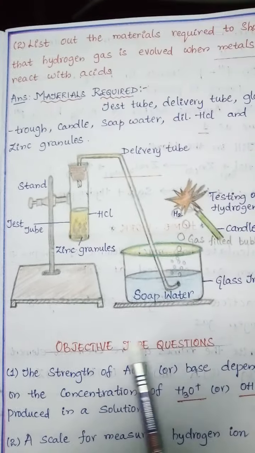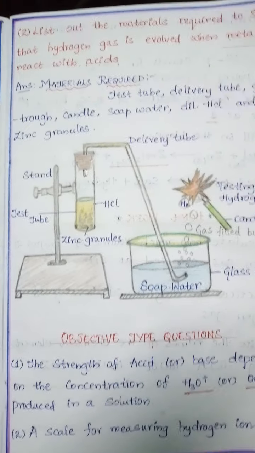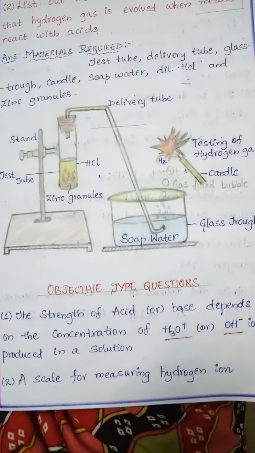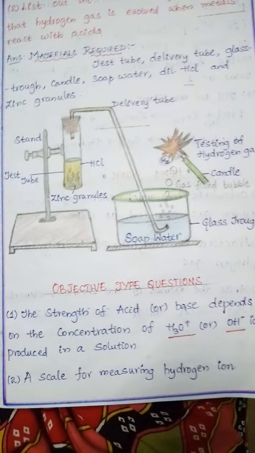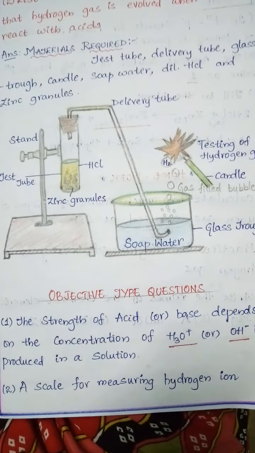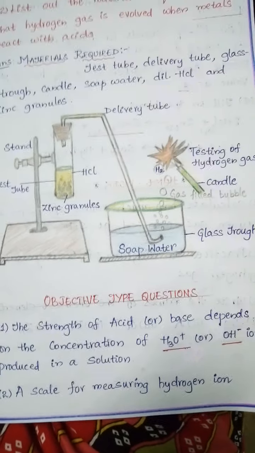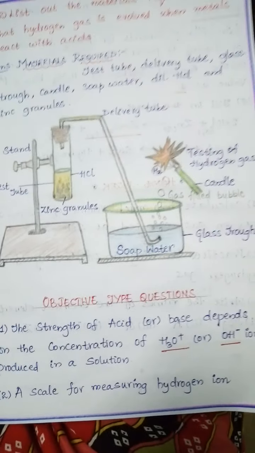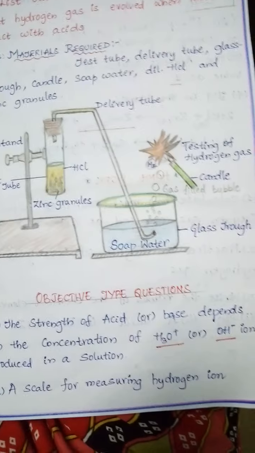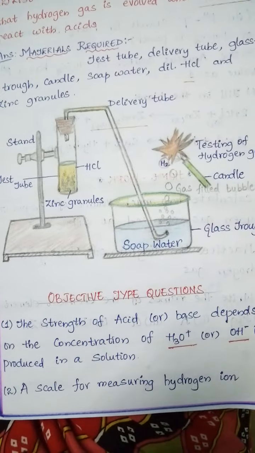Now students, move on to objective type questions. Number 1: the strength of an acid or base depends on the concentration of either H3O plus ions or OH minus ions produced in a solution.